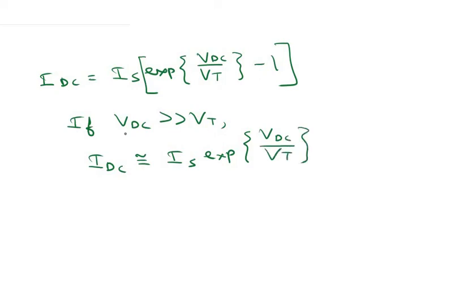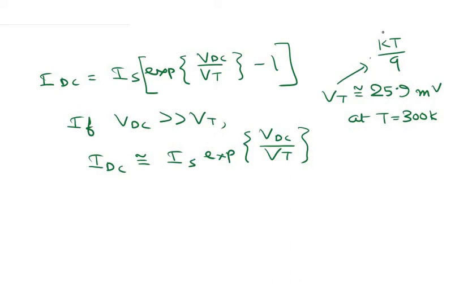Okay, and as I said, this condition is always valid, because Vt is the thermal voltage, and this is approximately equal to 25.9 millivolts at T equal to 300 Kelvin. This is equal to kT by Q, where k is the Boltzmann constant, T is the temperature, and Q is the electronic charge.